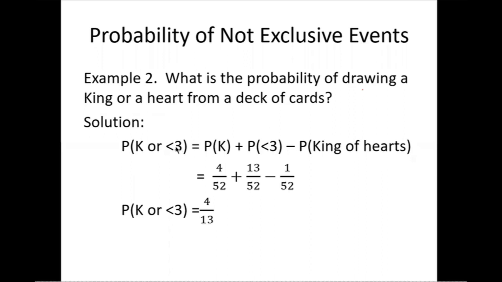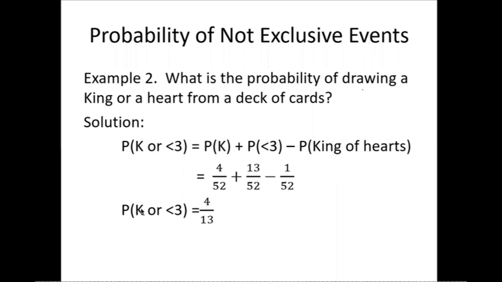Minus, kasi di ba meron naman tayo tinatawag na king of hearts. Kaya meron silang common event. So probability of king of hearts. So ang probability of king natin, 4 out of 52. At ang probability naman ng heart ay meron tayong 13 out of 52. At meron tayong isang card na king of hearts, kaya 1 out of 52.